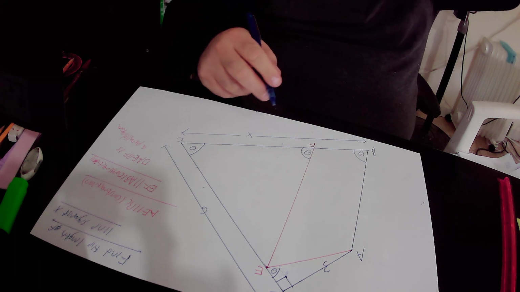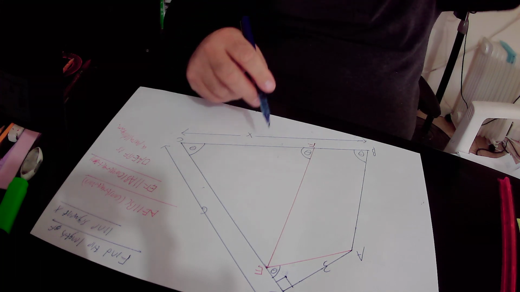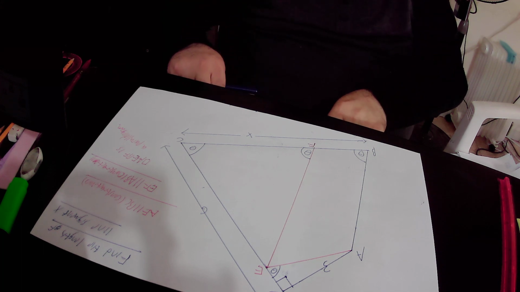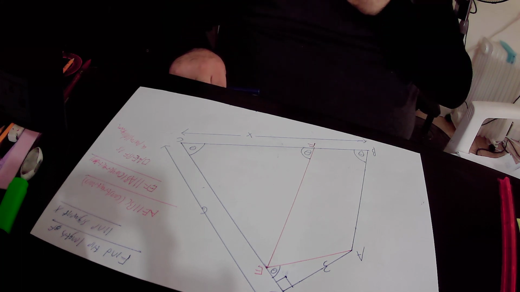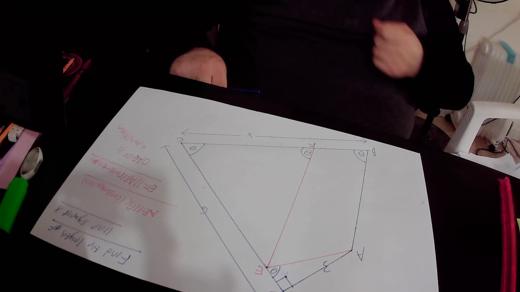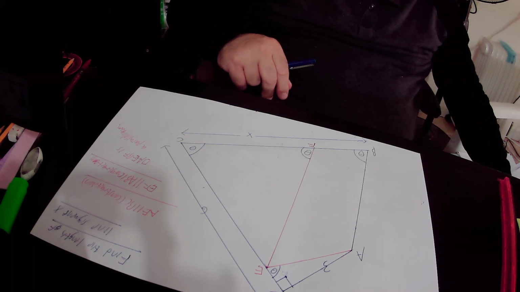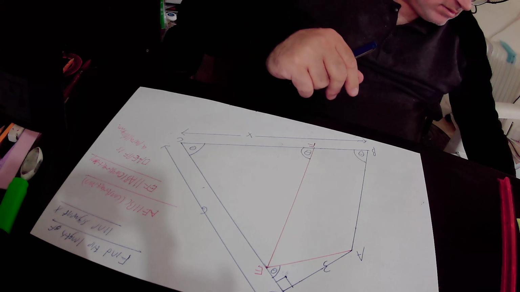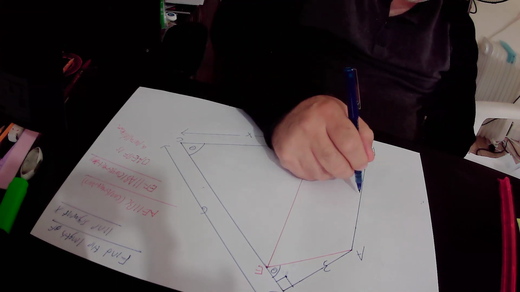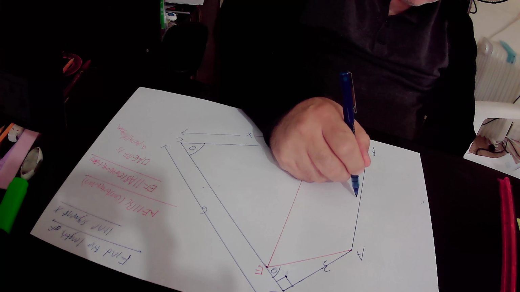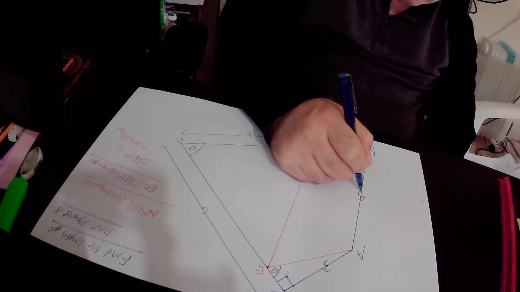So here we will focus on triangle EFC. Actually, here I didn't write that AB equals 5 units according to what is given in the question.